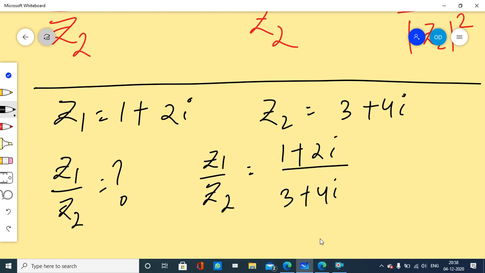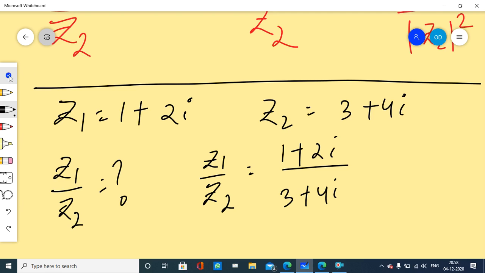But there is a small problem. Even though this is a complex number, it is not currently in its standard form. So we have to bring it to a standard form.